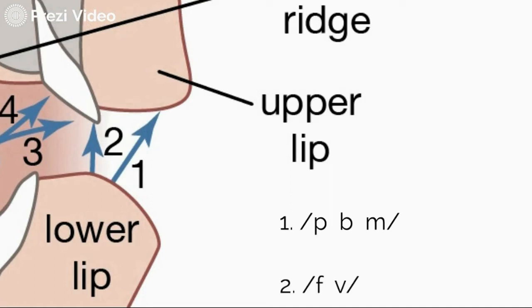The next two sounds are f and v, and they are produced like bilabials, but with the lower lip contacting not the upper lip, but the upper teeth. So the lower lip, the active articulator, goes up and touches the passive articulator, the upper teeth, thereby creating labiodental sounds f and v.